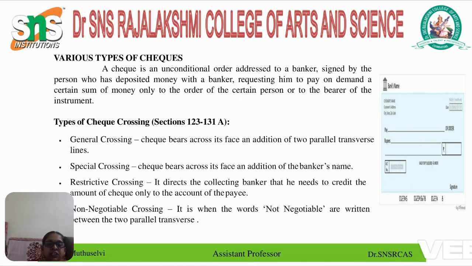Special crossing: a check bears across its face an addition of the banker's name. Then restrictive crossing: it directs the collecting banker to credit the amount of the check only to the account of the payee. Next, non-negotiable crossing: it is when the words not negotiable are written between the two parallel transverse lines.